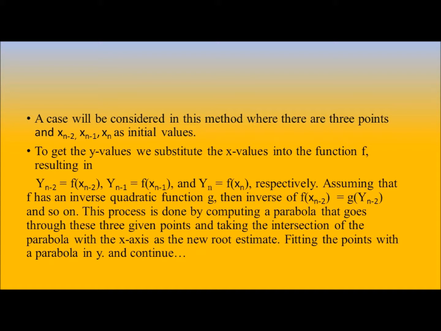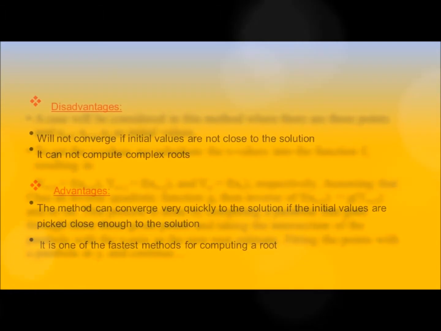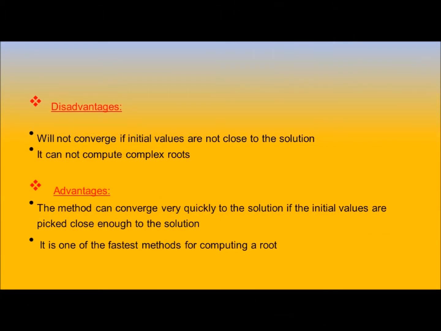This process is actually done by computing a parabola that goes through these 3 given points, and taking the intersection of the parabola with the x-axis as the new root estimate, fitting the points with the parabola in y. We will continue this whole process until we get an acceptably small error. So this is how the whole process will go on.